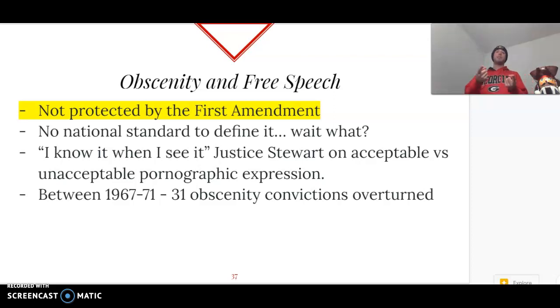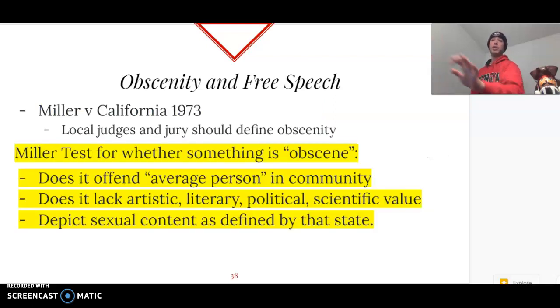Because what one thinks is obscene, another person could be like, "Oh no, that's Tuesday." So the main thing I want you to know is that it is not protected by the First Amendment. You can see down there on that bottom line a lot of obscenity convictions in the early time period where we were really looking at these cases get overturned by the Supreme Court. We do get a little bit of help later on in 1973.